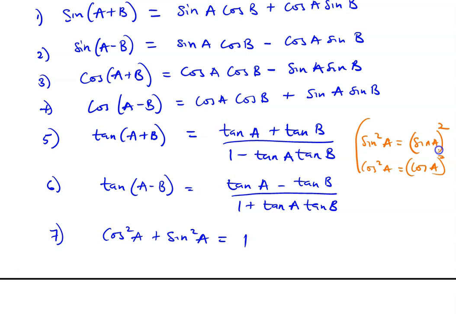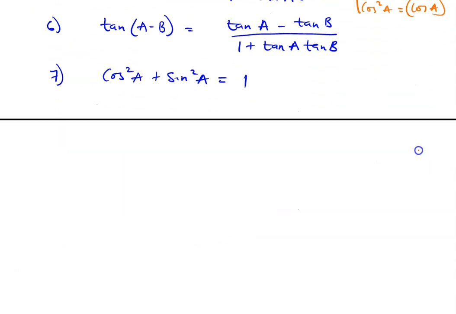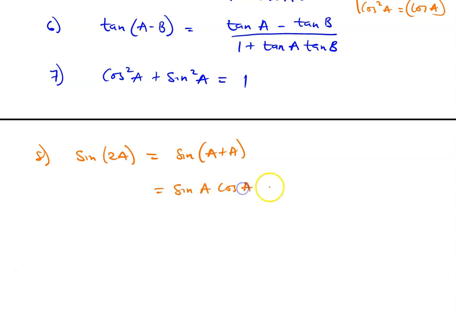And out of them, we can get a lot of formulas. So let's take an example. For instance, if I'm asked to find sine 2A, I know that this is going to be sine of A plus A. So sine A cos A plus sine A cos A again.